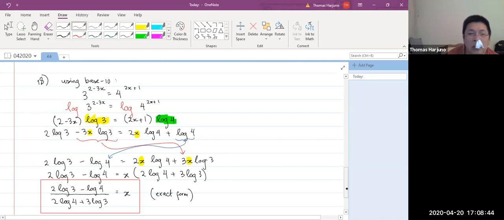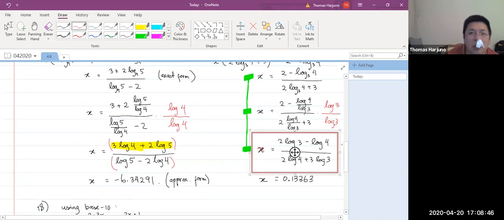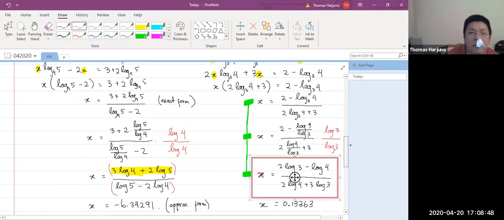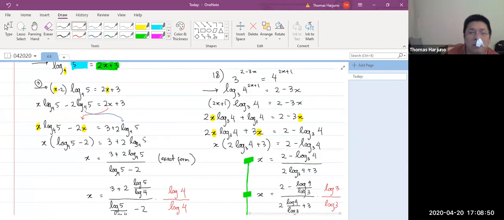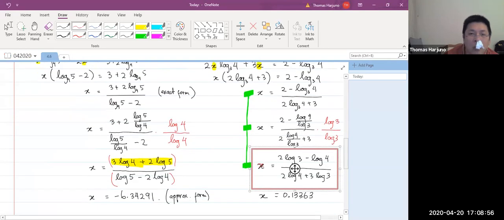Now the reason is because when we did number 18 the first time, we did it in base 3, and once we got the exact form, when we transitioned into approximate form, I needed to do a change of base.